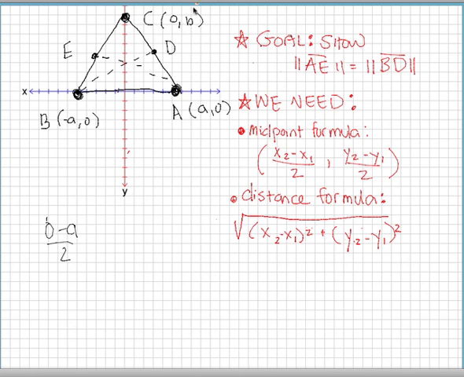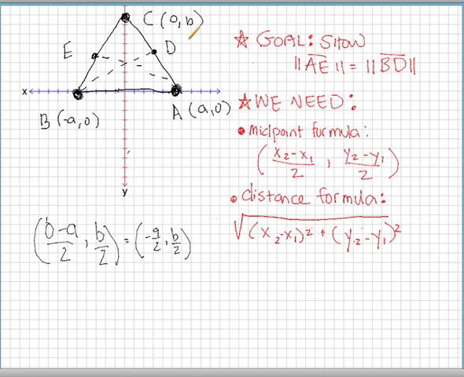And then the second y-coordinate minus the first y-coordinate, so b minus 0 over 2, which of course simplifies to (-a/2, b/2).